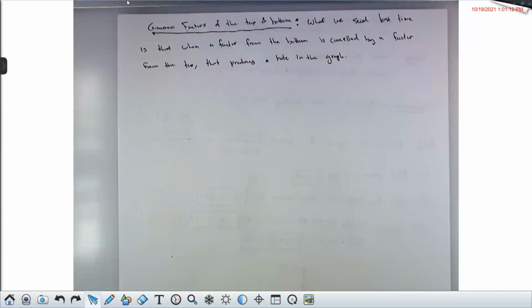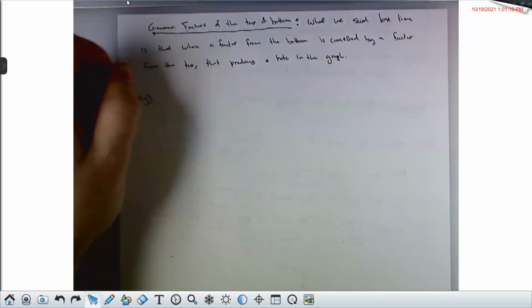And I would like to convince you of this fact by looking at a kind of silly, simple example. So here is the silly, simple example.